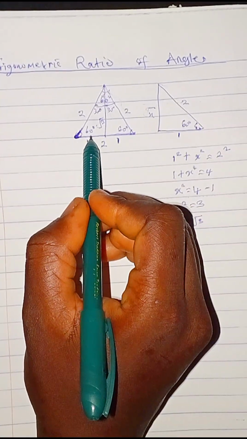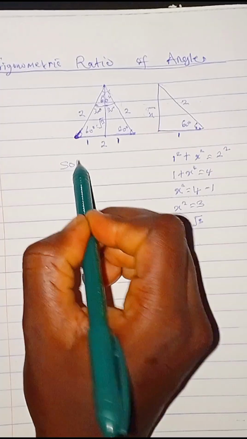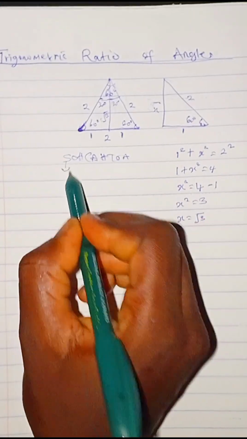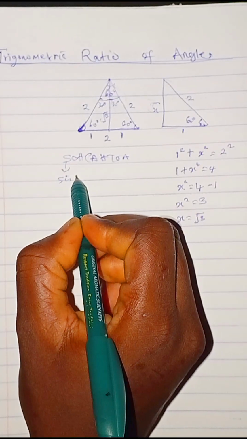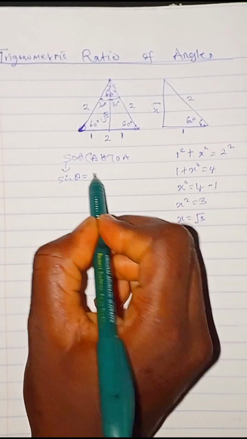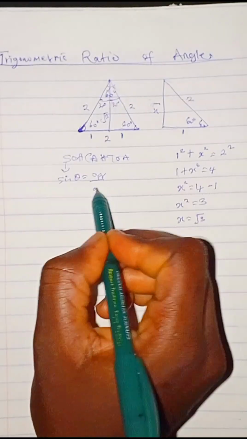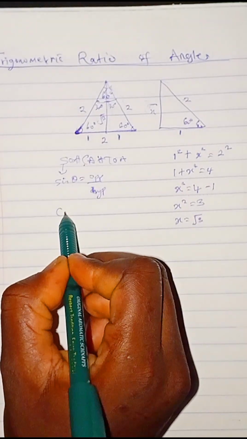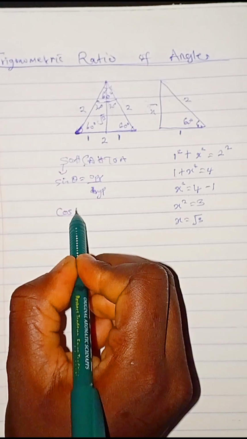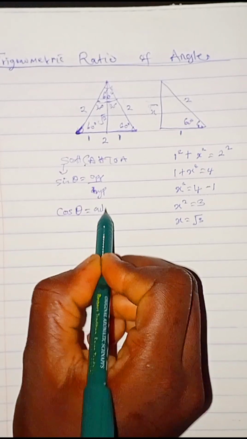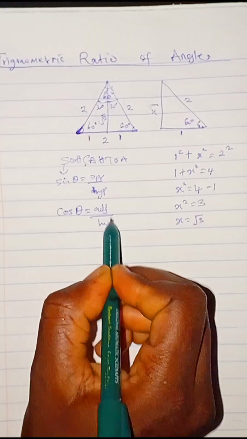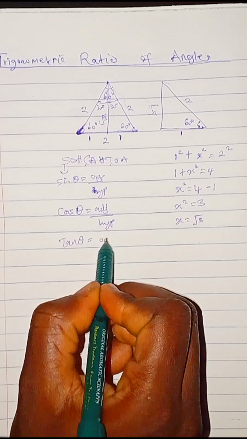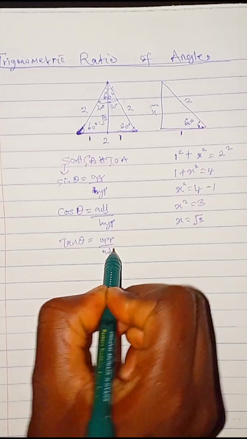So using this, this stands for sine theta to be opposite over hypotenuse. This stands for cosine of the angle, adjacent over hypotenuse. This stands for tan theta to be opposite over the adjacent.